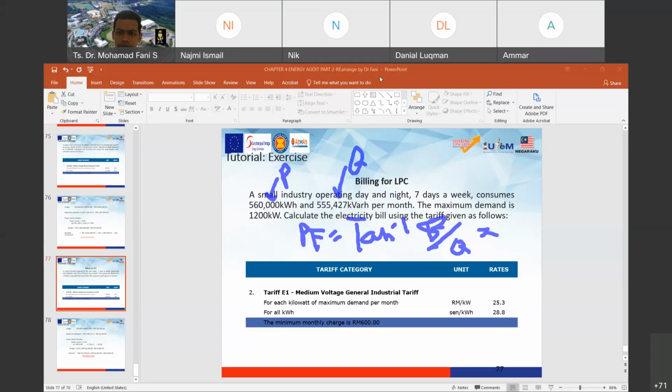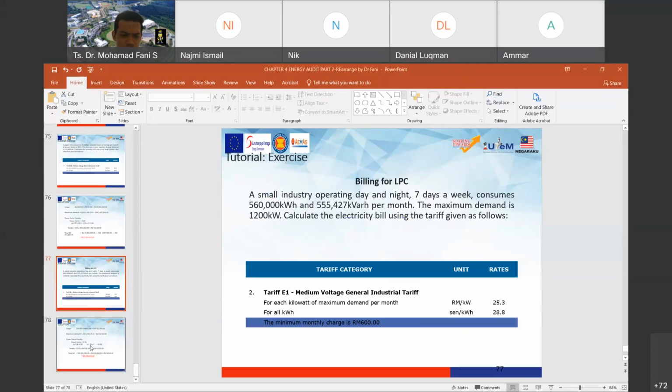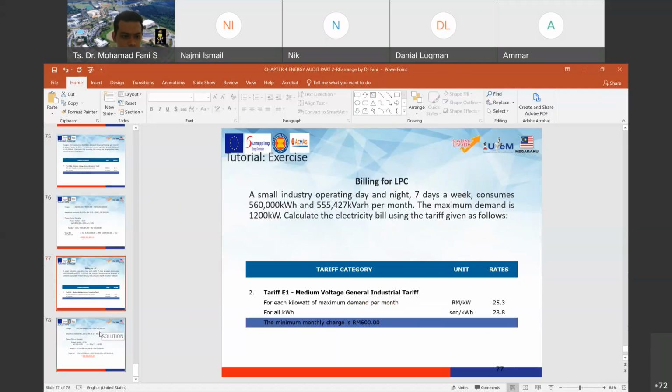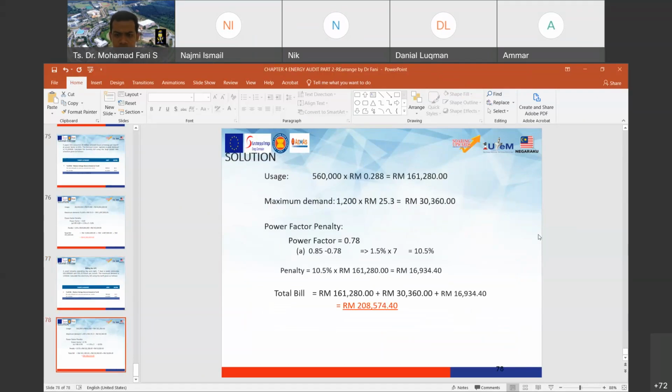Kan, Q over P. Cuba kira. Tan, nak tan Q over P, cuba kira. Dapat tak? 0.78.